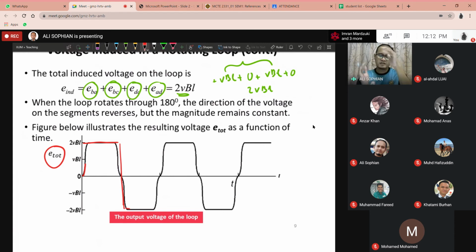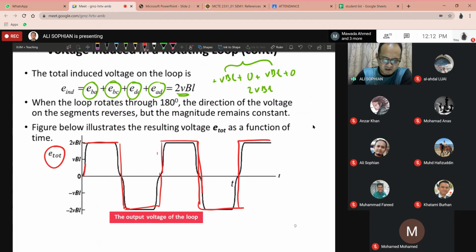After the rotor rotates by 180 degrees, you get the opposite output, and then it goes to minus 2 VBL, then back to 0 and positive and so on.